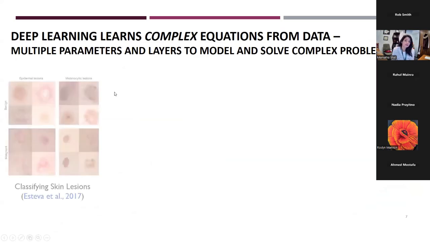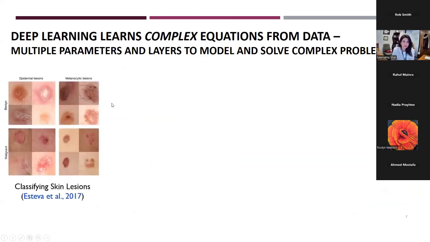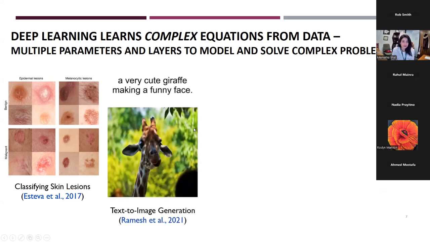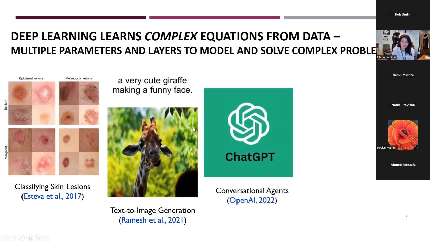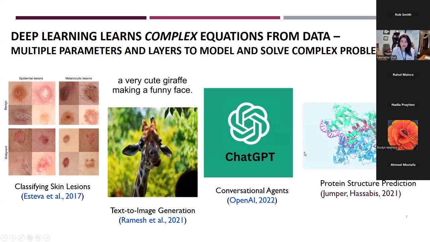Deep learning learns complex equations from data. So you have multiple parameters that are considered and layers that are modeled to solve complex problems. So say, for example, images to classify skin lesions, text to image generation, conversational agents, as I mentioned earlier, large language models, and protein structure.